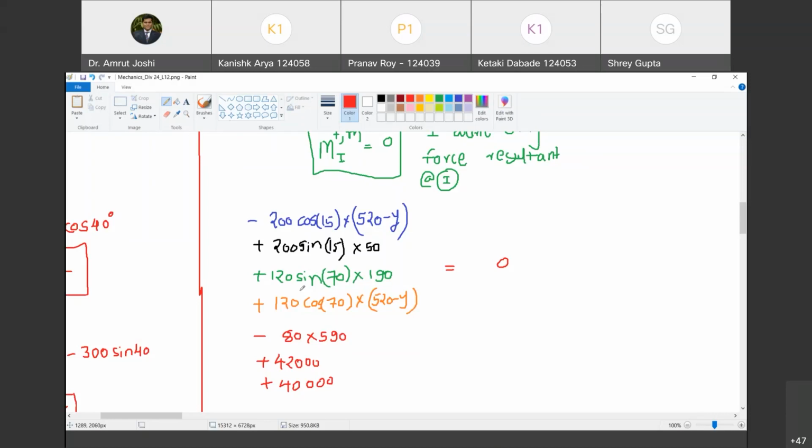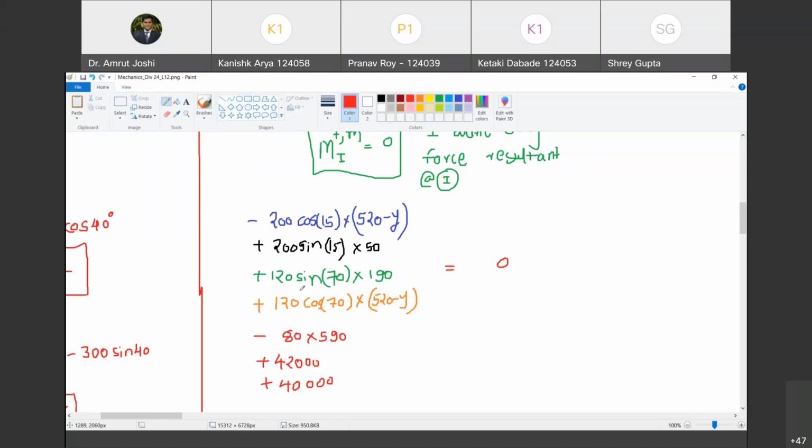So alpha y. Plus 200 sin 15 multiplied by 50 plus 200 sin 70 multiplied by 190 plus 120 cos 70 multiplied by, in bracket, 520 minus alpha y.